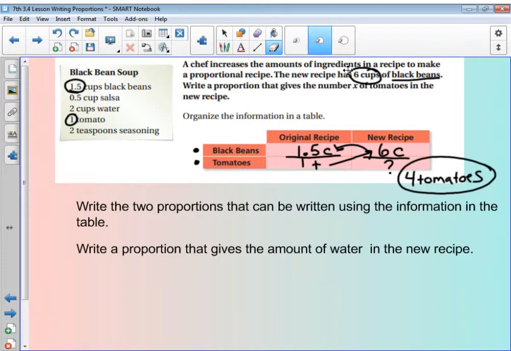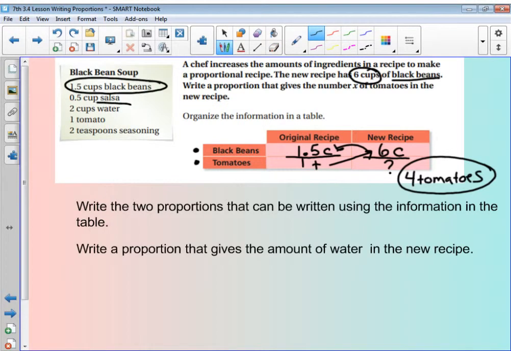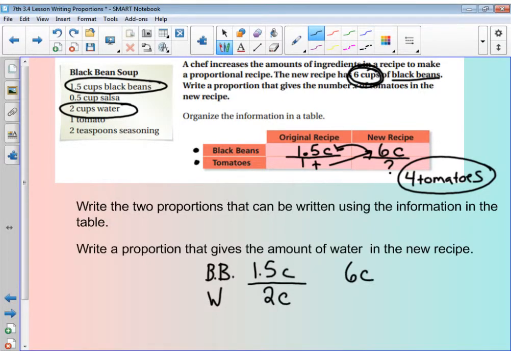So this time I need to pull my information for the water. So we're still using black beans, and our water was 2 cups. So the original recipe is 1.5 cups of black beans. And for my water, I needed 2 cups. Okay, in our new recipe, once again, we're going to use 6 cups of black beans. So black beans was on the top, so I'm going to put that on the top.